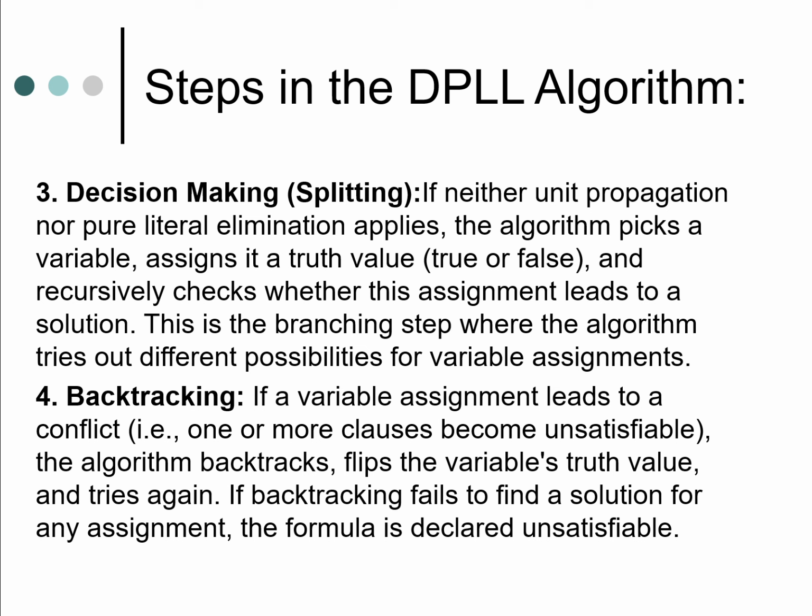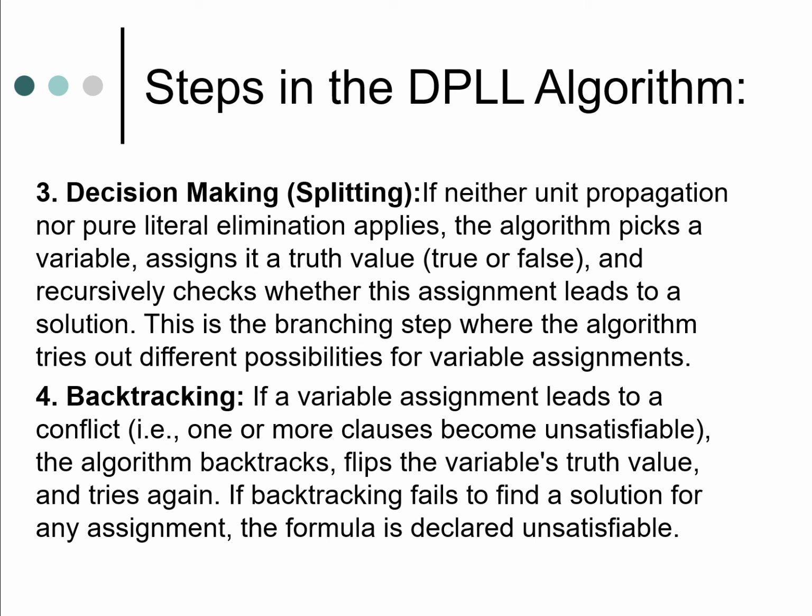The next step is backtracking, if the variable assignment leads to a conflict. For example, if one or more clauses become unsatisfiable. When some of the entries in the assignment have the truth value false, the clause becomes unsatisfiable. If you find some conflict, the algorithm can backtrack, flip the truth values of variables and try again.